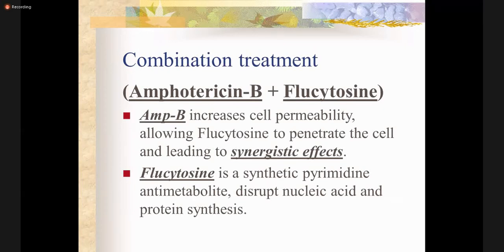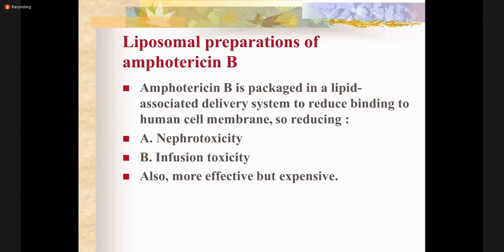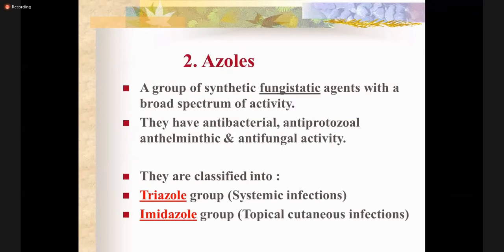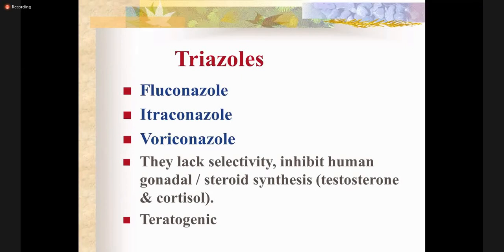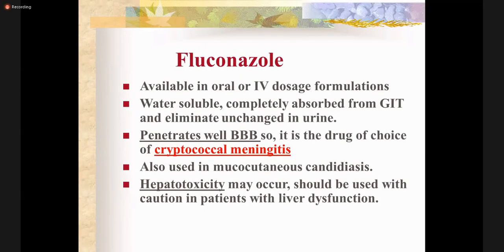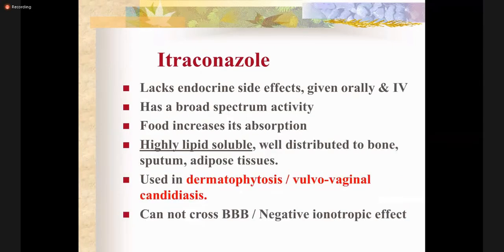It's a synergistic combination. Then we have drugs like azoles, and in the azole group we are discussing first the triazoles because they are affecting systemic infection. Then in the triazole group we discussed fluconazole, which is basically more effective in brain infection, cryptococcal meningitis. Then itraconazole, this does not cross the blood-brain barrier.